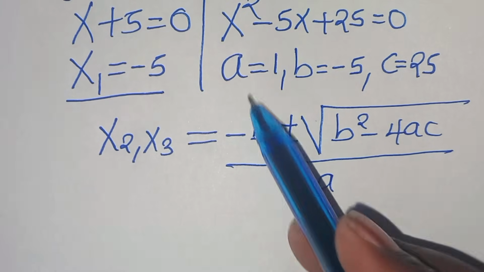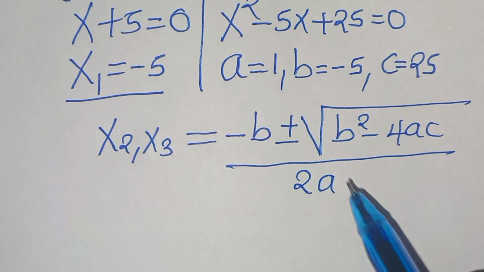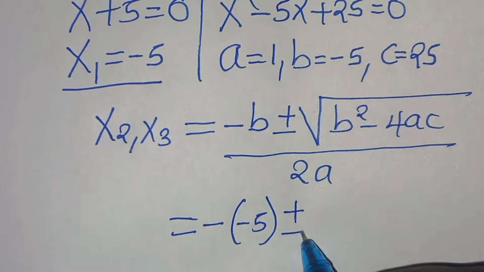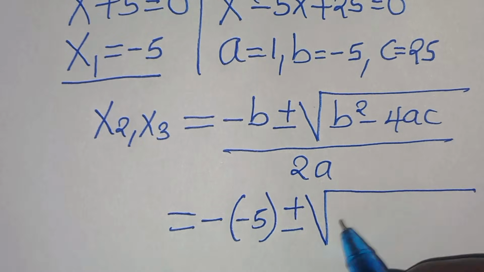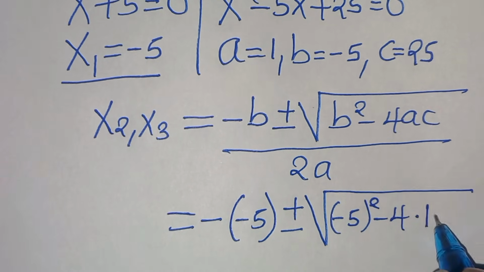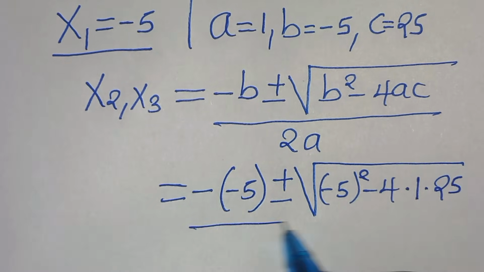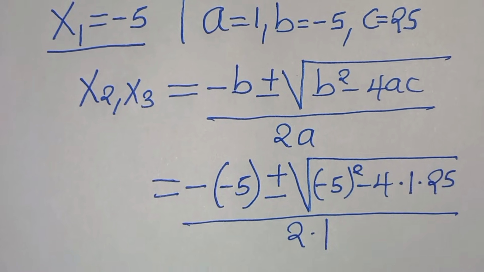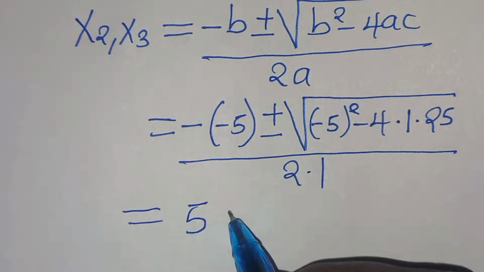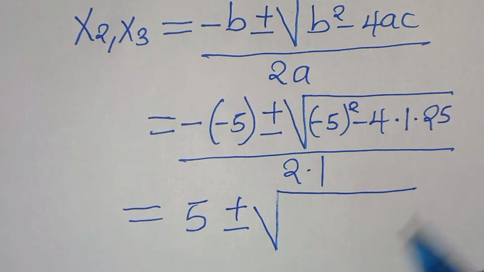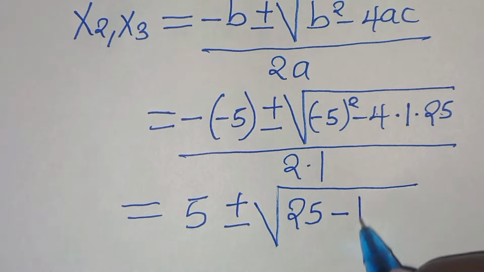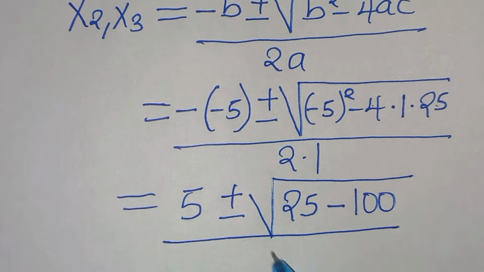Substituting a, b, and c into this formula, we have minus minus 5 plus or minus the square root of minus 5 to the power of 2, subtract 4 times a, which is 1, times c, which is 25, everything divided by 2 times 1. So this implies we have 5 plus or minus the square root of minus 5 squared, which is 25, subtract 4 times 25, which is 100, everything divided by 2.